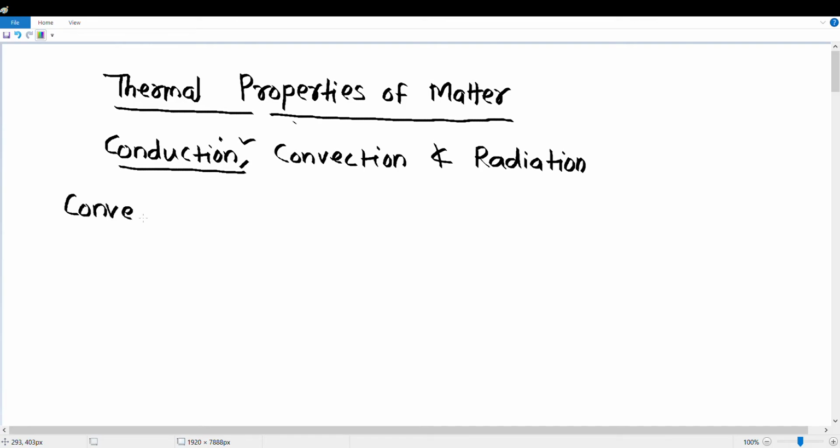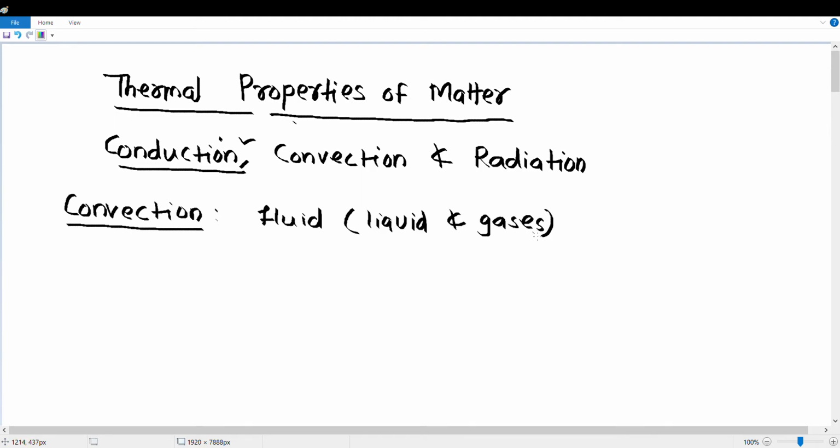First, let us see what is convection. I have already stated that heat is transferred in the case of fluids. Liquids and gases are fluids.